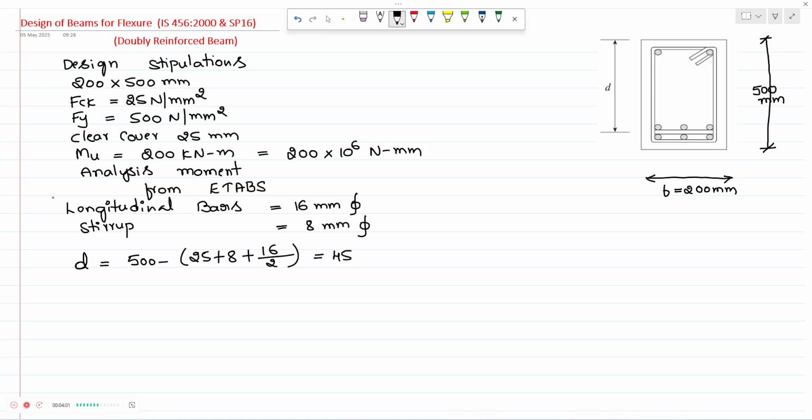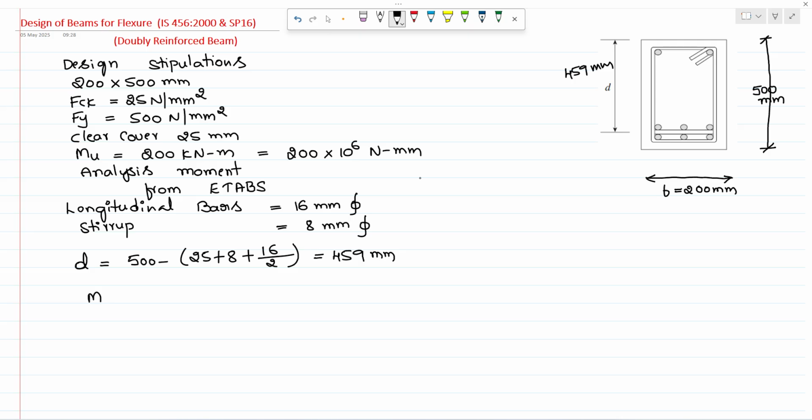So effective depth will be 459 millimeter.